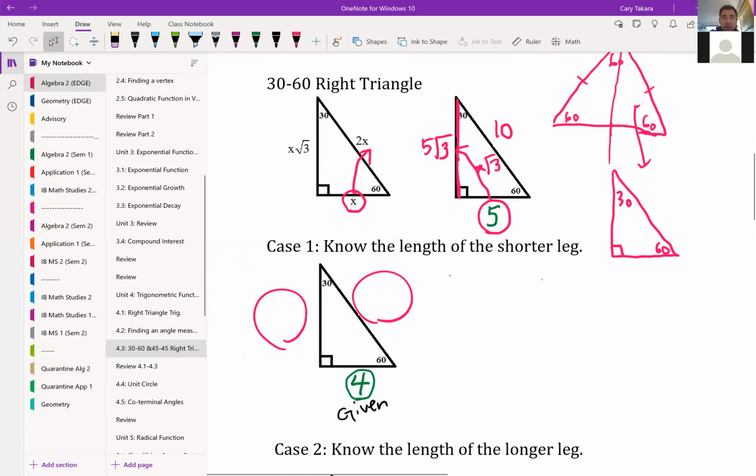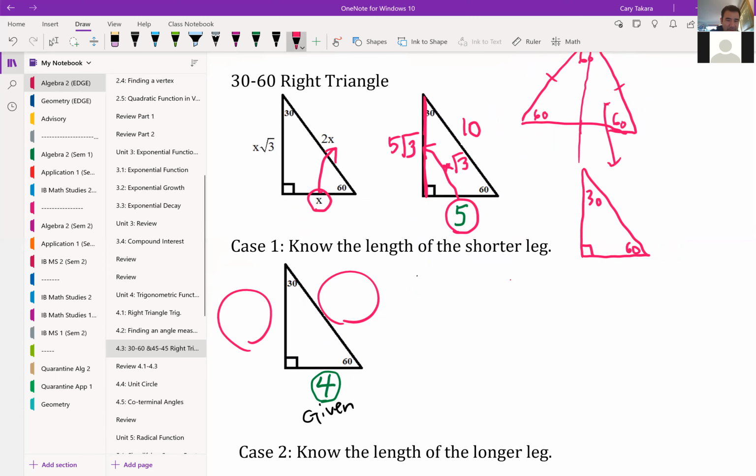So when you know the short leg, the easy one to figure out first is the hypotenuse, because the short leg and the hypotenuse always have a double or half relationship. So you multiply by 2, you double it. So it's going to be 8. Does that make sense?